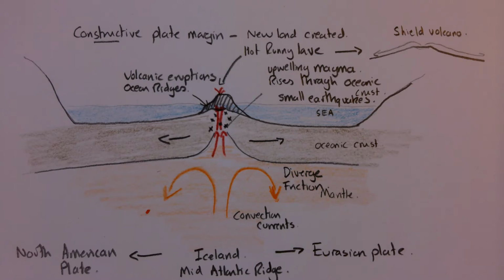Yes, yes and yes, very good. It is Iceland, which is formed on the mid-Atlantic ridge between the Eurasian plate and the North American plate, which are moving in different directions. Very good. Now have a go at answering this exam style question.